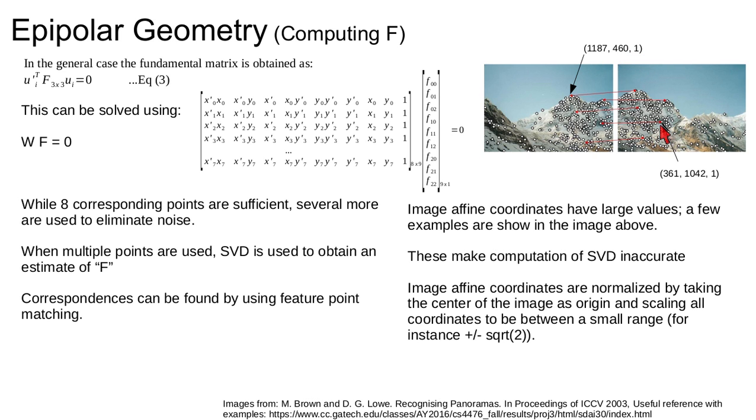Similarly, this point has a coordinate of 361,1042. So these large values make the computation of SVD inaccurate. So generally the image affine coordinates, or the row and column values in an image, are normalized by taking the center of the image as the origin and scaling all the row and column values to a small range. So for instance, the rows and columns might all be normalized to be between plus or minus square root of 2.